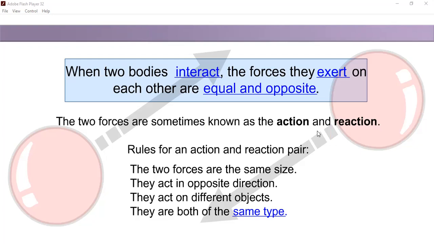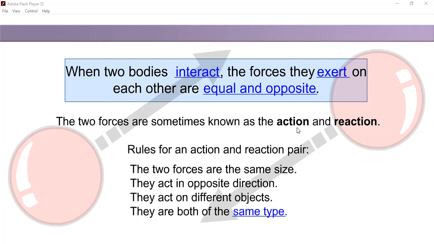My action is I apply a force to the coconut. Reaction: the coconut exerts an impulsive force on me. My leg hurts. So the coconut reflects a force back to me. That is the reaction.